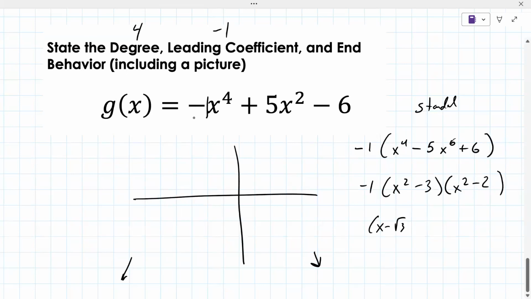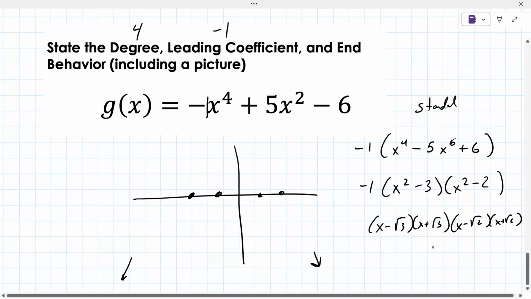I don't know if this is beyond your class, but this still does factor into these square roots. Did you guys talk at all about that? I don't think so, we lightly touched it. So the point is there are more roots. So it comes up, comes down. This is at -6, like that.